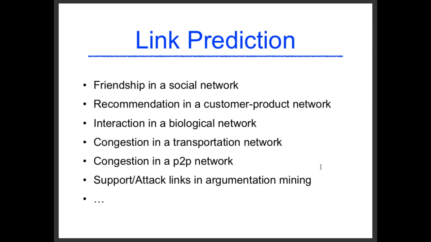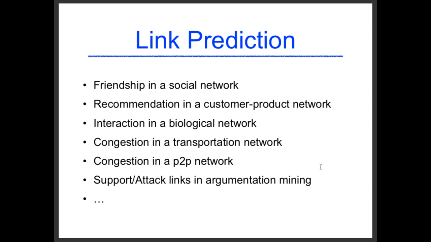So you can have a customer node, a product node, and there is a link between them. You want to predict maybe if a consumer is going to like a product or rate it high or low, okay? You want to consider the past experience of a customer. You want to consider the information of the product, and you would also like to see whether, for example, his friends have liked it, okay? So in this way, you take into account the relations also.